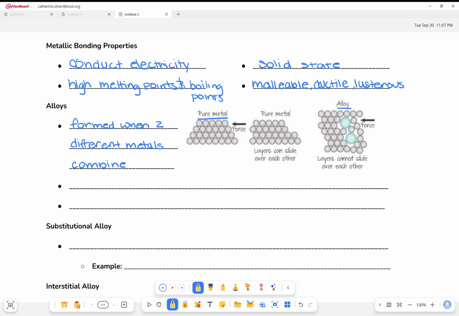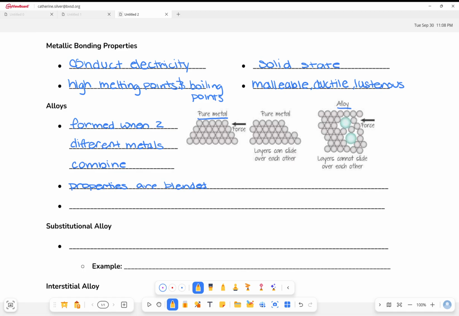For an alloy, you'll have two different metals, so you can have a blue one like this, and then tiny green ones. And these have blended properties of the two different metals. So properties are blended. And again, these are physical mixtures.